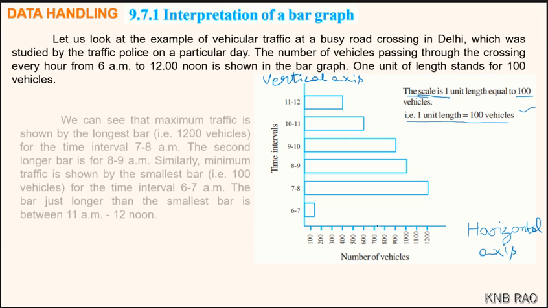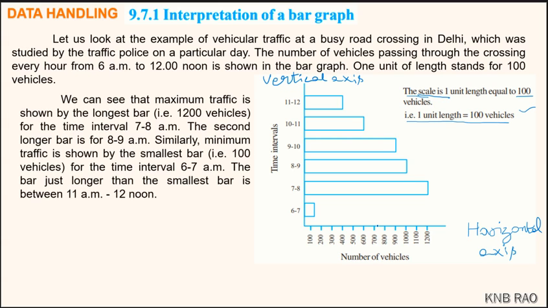Now, we can see in this bar graph that the maximum traffic is from 7 to 8, shown by the longest bar, that is 1200 vehicles.